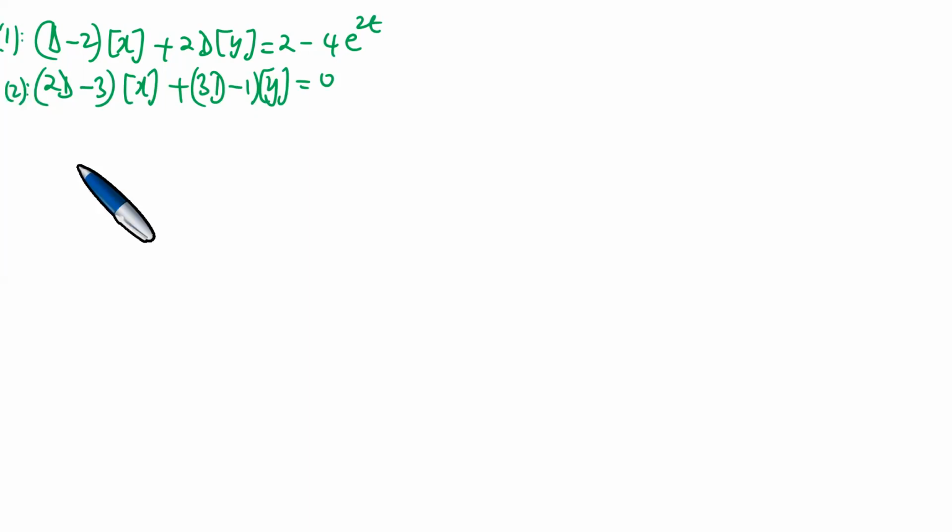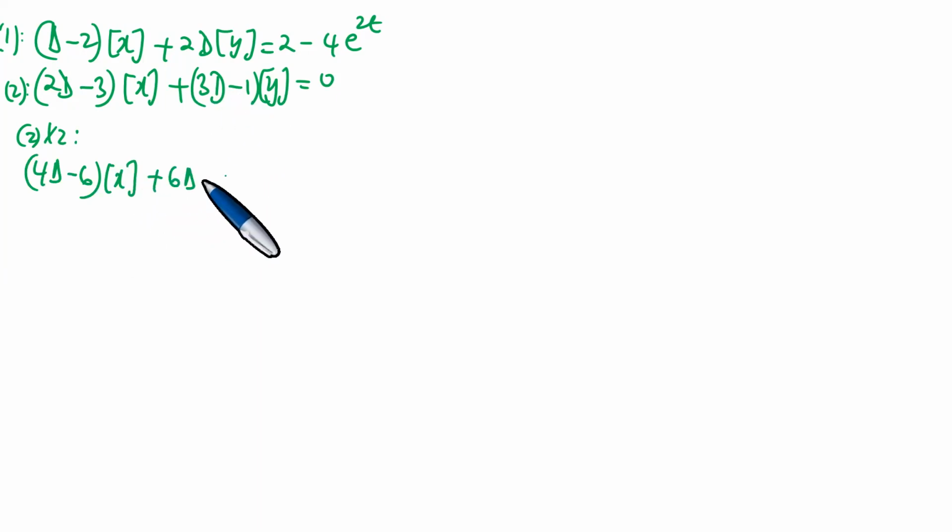So if we multiply the second equation by 2, so 2 times equation 2, what that gives us, for instance, would be 4D minus 6. It's just elimination, and then obviously multiply that, it becomes 6D minus 2.